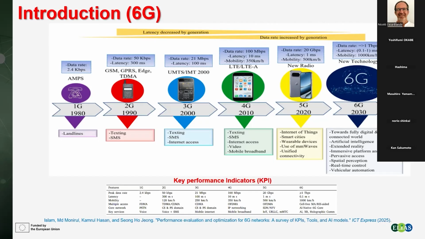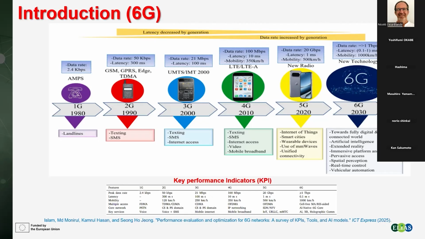For mobility, 6G should support 1,000 kilometers per hour. And we have cell-free, multiple access techniques, and RIS-aided. The core network will depend on an AI-native 6G core network. And the key services will be AI, augmented reality, holographic communication, and so on.